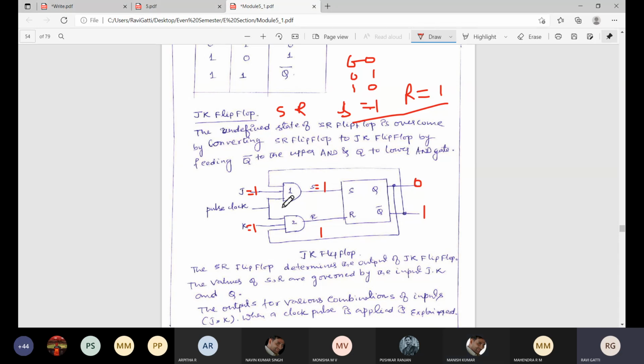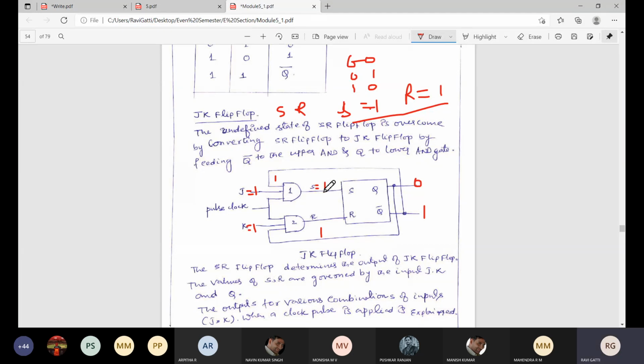So you can see here, you're giving J is equal to 1 and clock, as I said, we are always giving 1. And now you can see here Q bar is 1. So this Q bar is 1, I have fed it over here. Now you can see 1, 1, 1. So when all are 1, your S will be 1. Sir, where did the third one come from? One is J equal to 1, directly we are giving.